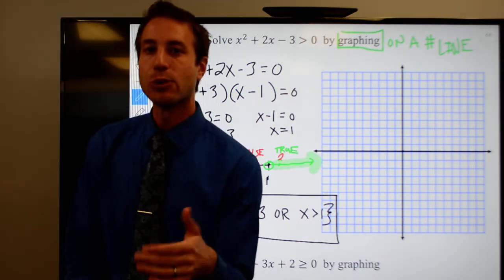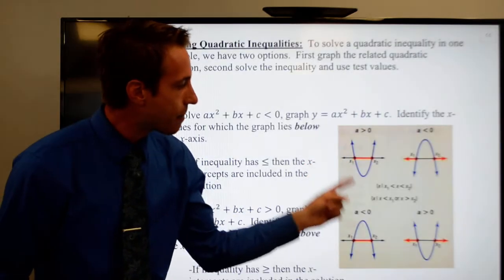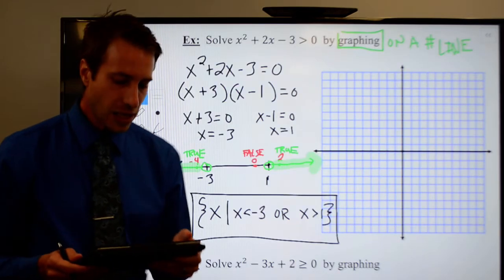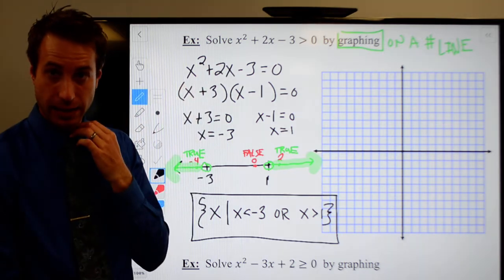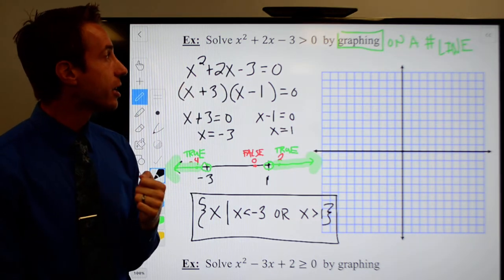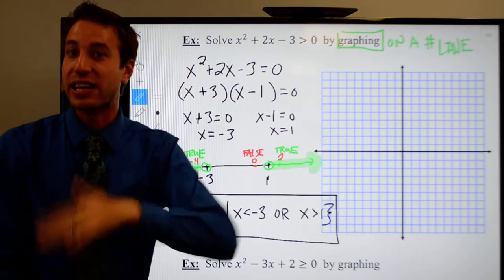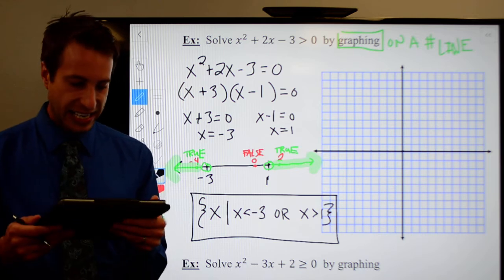Now, what I told you I was going to do was tie this back to what they were talking about here in the book. Let me show you. I'm going to go ahead and graph this guy. All right, I'm going to graph it, and here's the way I'm going to do it. I'm going to put this into vertex form, and then graph it by doing the transformations a, h, and k.